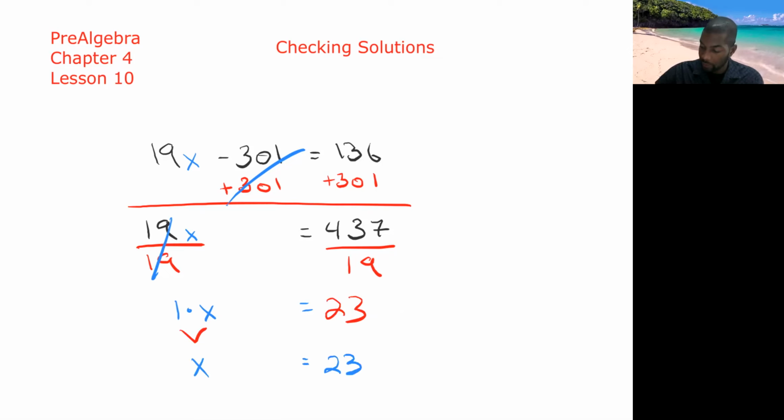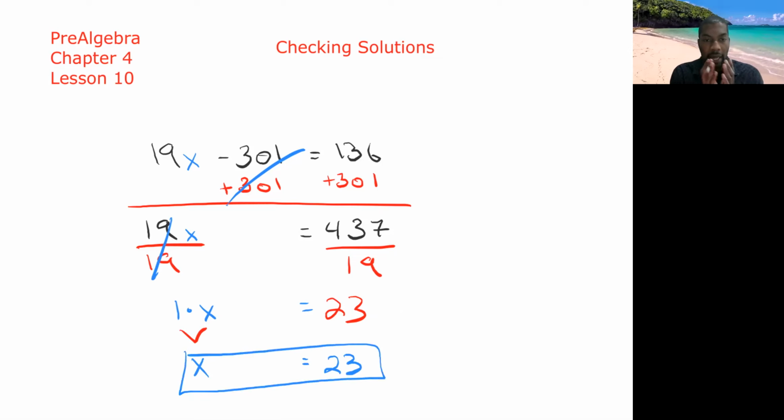Now I prove it. Here's where we use our calculators. And here's really what we're getting to. The problem in these next problem sets is going to give you that x is 23, right? They're going to tell you x is 23. You don't have to solve for it. What it is your job to do is to say, all right, if x is 23, does the original equation still work?